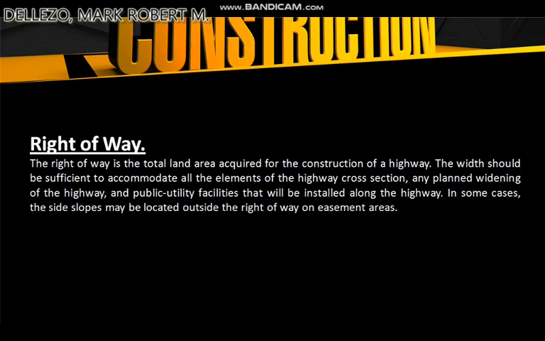The width should be sufficient to accommodate all the elements of the highway cross-section, any planned widening of the highways, and public utilities facilities that will be installed along the highway. In some cases, the side slope may be located outside of the right of way on easement area.